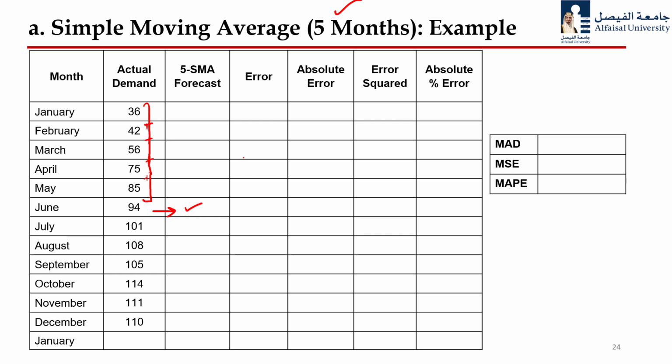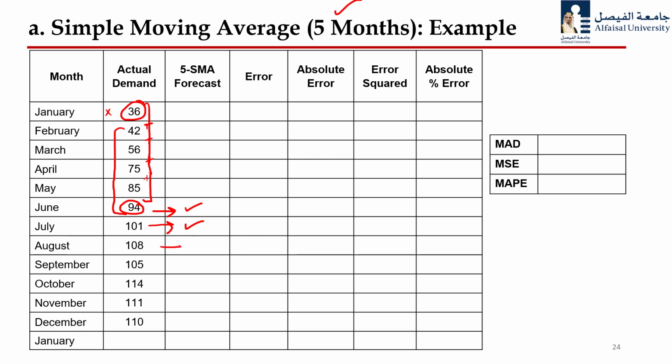That is going to be June's forecasted value. Now we are going to remove the oldest value and add the next value, which is 95. Then 42 plus 56 plus 75 plus 85 plus 95 divided by 5 would be the forecast value for the month of July.